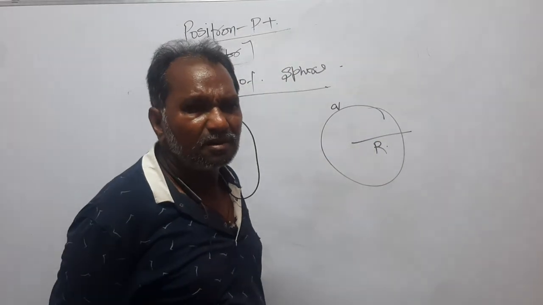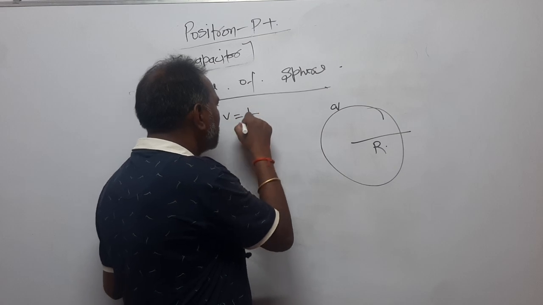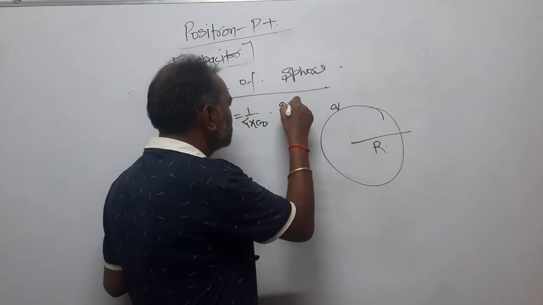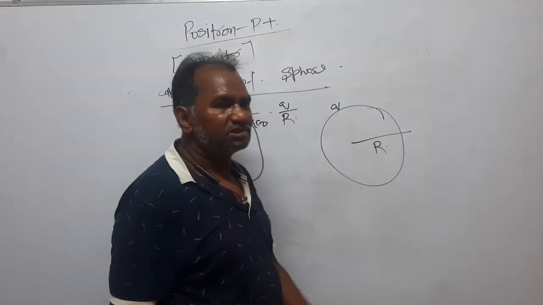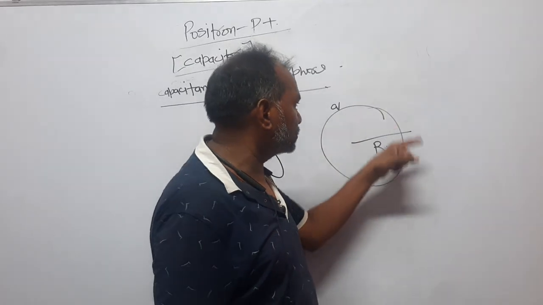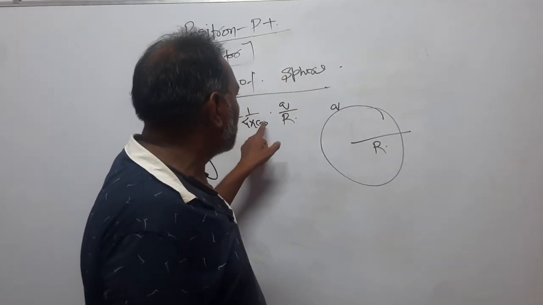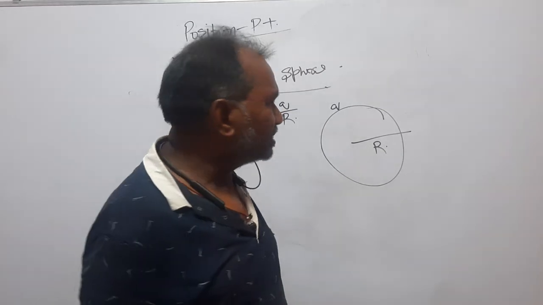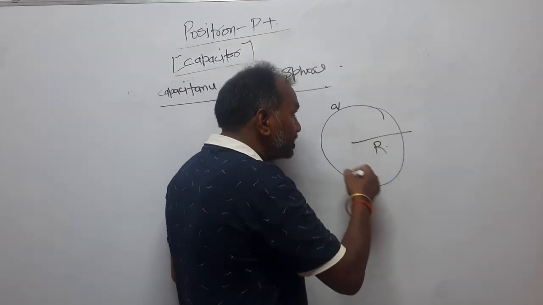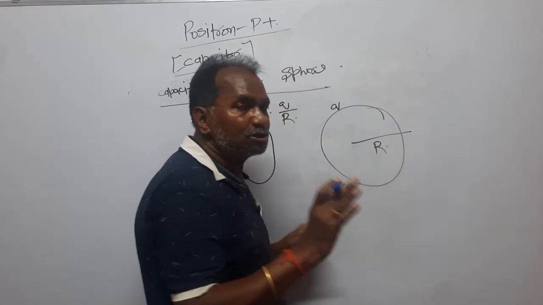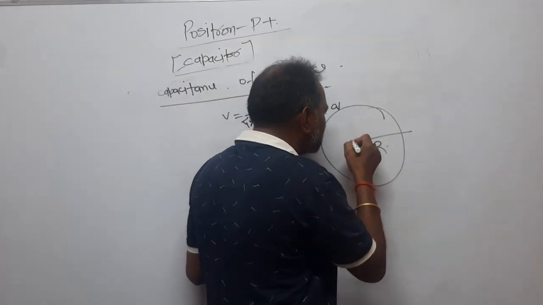Now, dear student, you know the potential V works out to be 1 upon 4 pi epsilon naught Q upon R, right? If it is a hollow sphere on which charge Q is distributed uniformly over the surface, having radius R, then V is equal to 1 upon 4 pi epsilon naught Q upon R. Or you can say the behavior of a hollow sphere, or spherical shell, will be such that the whole charge appears to be kept at the center.